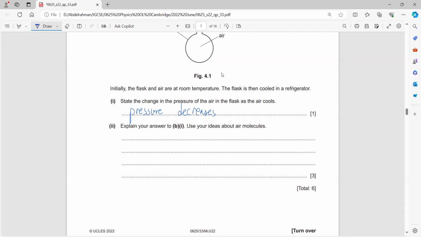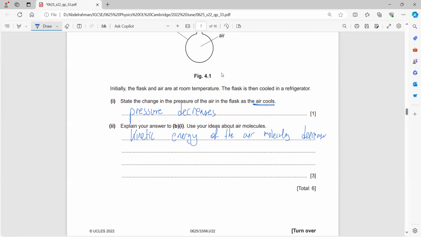Again, it all has to do with the temperature. As the air cools, the temperature decreases. The temperature is always related to the kinetic energy. So as the temperature decreases, the kinetic energy of the air molecules decreases.